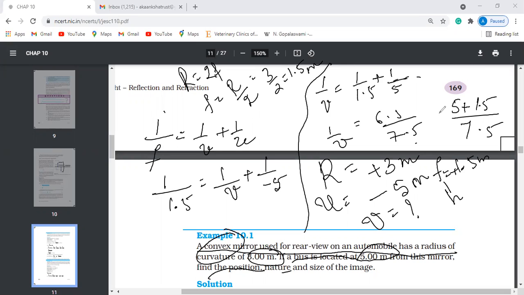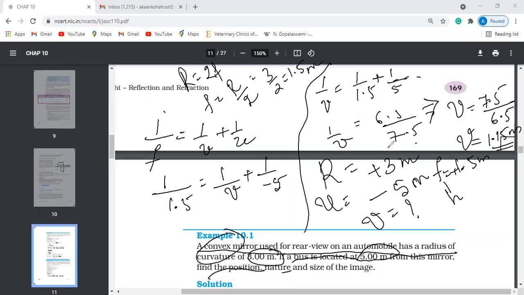On taking the reciprocal, v is equal to 7.5 divided by 6.5. So the answer is almost 1.15 meter. Okay, so this is the answer.